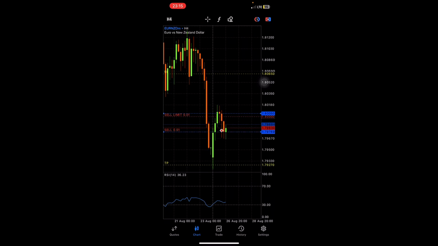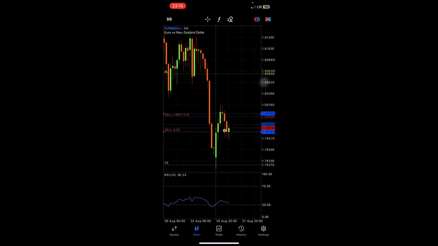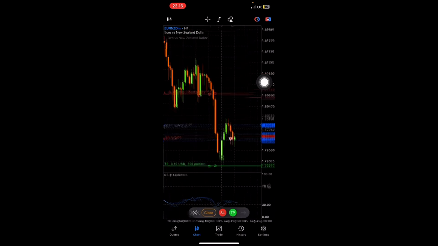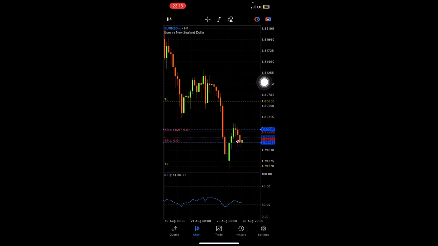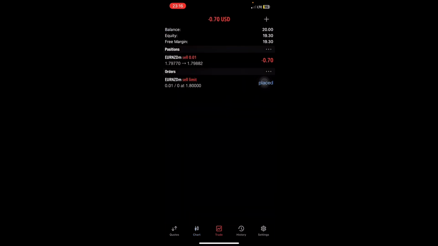So first point tackled, two more points to go, right? Now these are the two other points. Let's say, for example, right now the market, as we can see, is inside the entry zone. Now assuming you are using a capital of $20, so that's a $20 account.